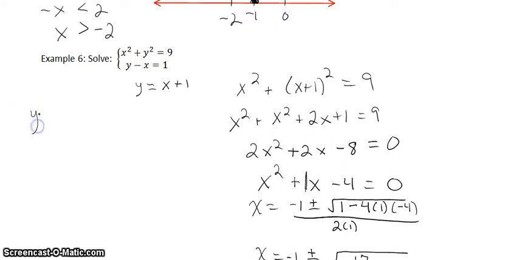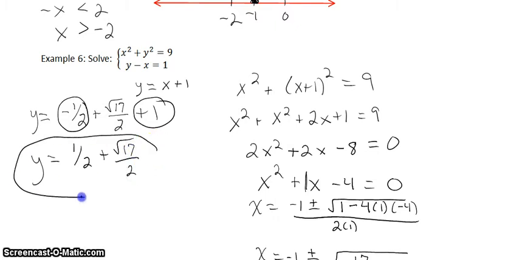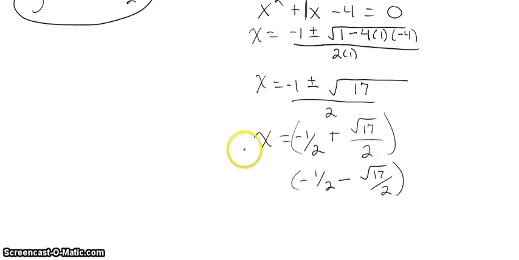So I'll have y equals negative 1/2 plus the square root of 17 over 2 plus 1. Now I can combine that 1 with the negative 1/2. So that'll be y equals a positive 1/2 plus the square root of 17 over 2. Okay, so that y goes with the positive x here.